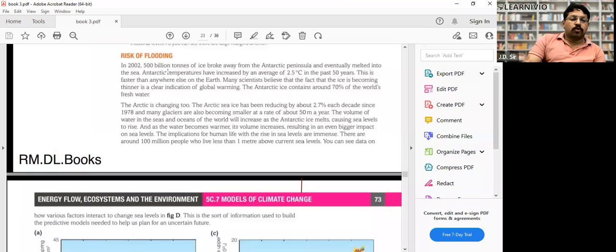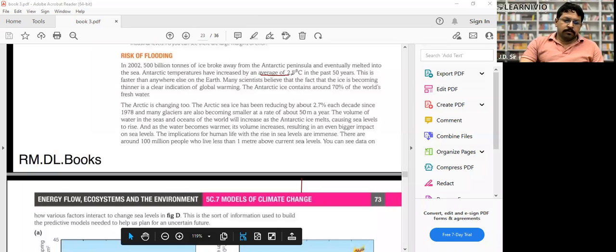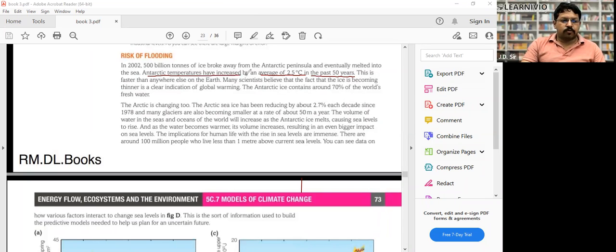In 2002, 500 billion tons of ice broke away from the Antarctic Peninsula and eventually melted into the sea. Antarctic temperature has increased by an average of 2.5 degrees centigrade in the past 50 years. Right, only 2.5 degrees centigrade average temperature in the past 50 years. This you have to underline.